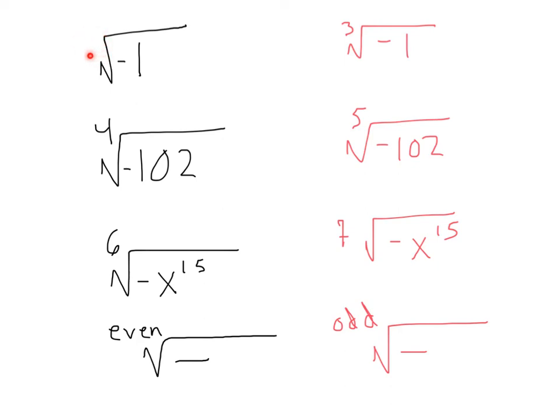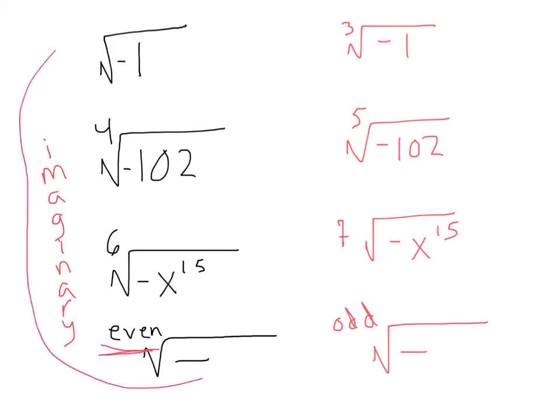For example, if we have a square root, a fourth root, a sixth root, these are all going to be imaginary. The reason is, whenever we put something to an even power, it can never be a negative number. So whenever we have an even root, it's always going to be imaginary, assuming that inside the radical is negative.